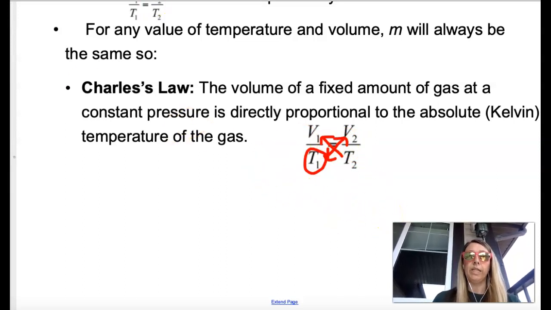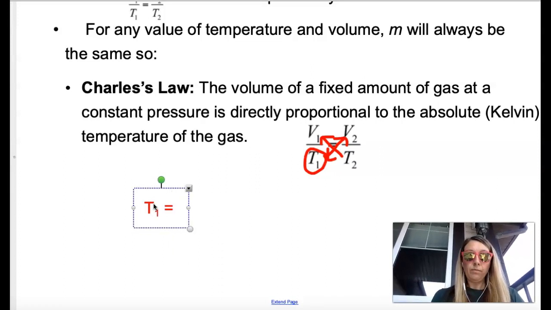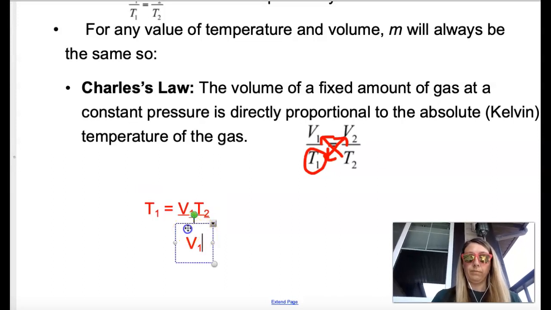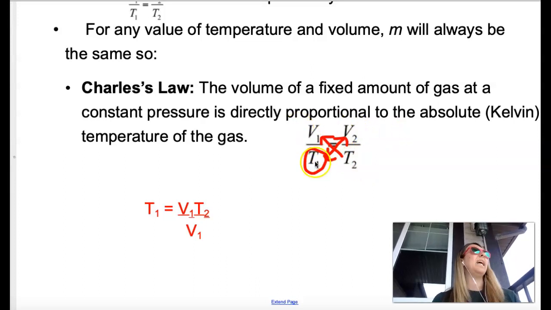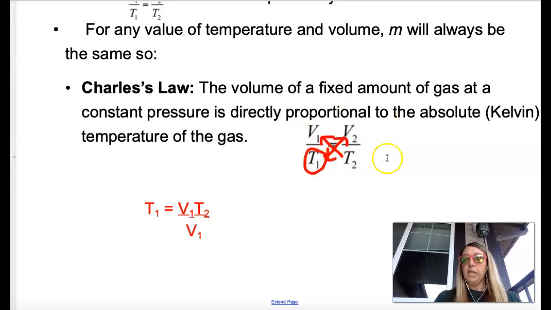So if I was solving for that T1, that rearranged equation, once we did all that manipulating I just talked about, would be V1 times T2 over V2, right? Because the T1 moved up here to where the V2 was. The V1 stayed, but the T2 moved up here, and this V2, getting it away from there, moved down here. So it does take a little bit of practice.